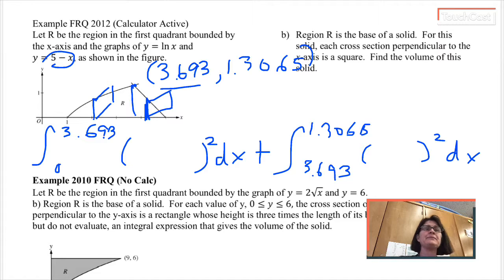Now my side is going to be, well, for the first part, I said that the top of this square length was natural log, so this is natural log of x. I could write natural log of x minus 0 to make sure I notice that it's this minus this. And then for this part, 5 minus x.